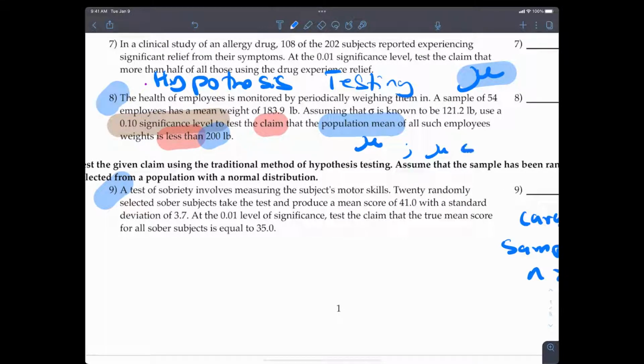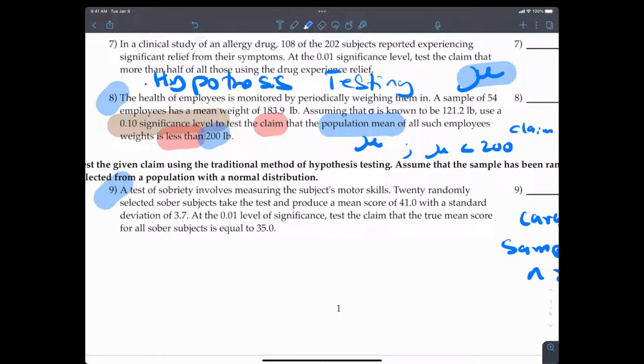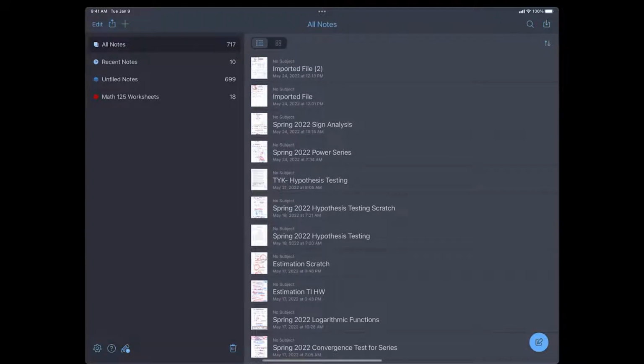Mu less than 200. This is the claim here. Okay, so we have a claim. Mu is less than 200. So I'm going to go back here on a scratch, and this is question number 8. Mu less than 200. This is the claim.